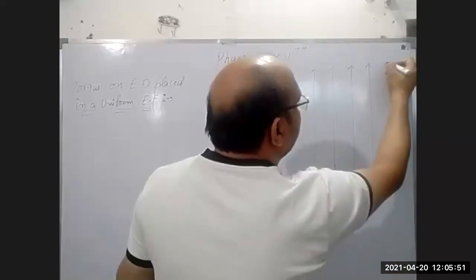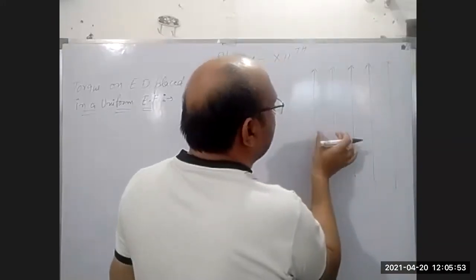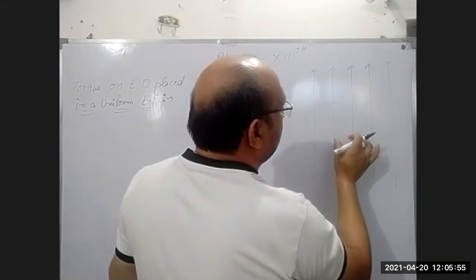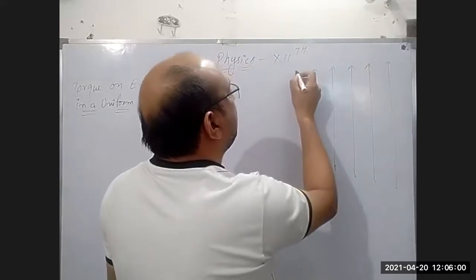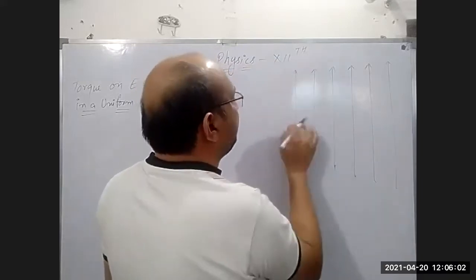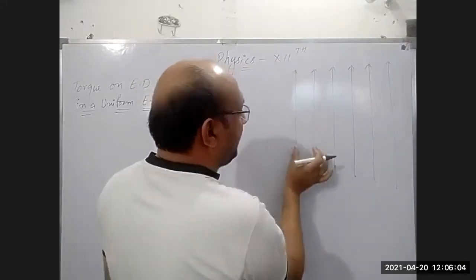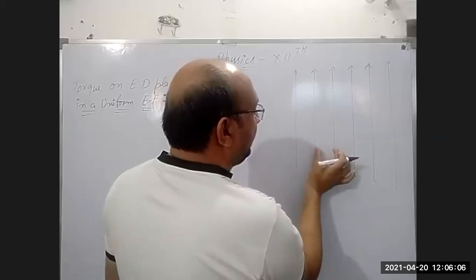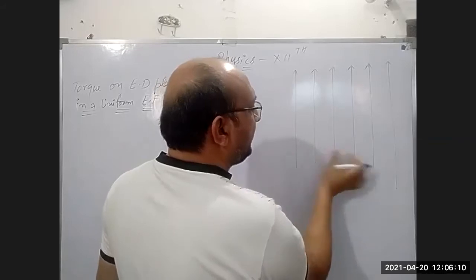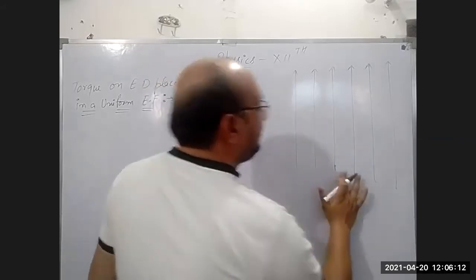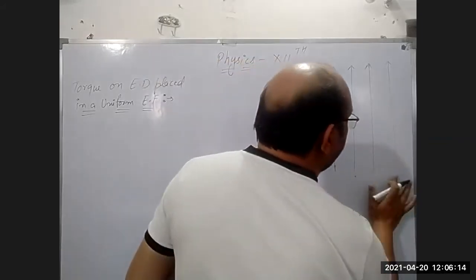What is the meaning of equidistant? The gap between consecutive lines is the same. Like the first one and the second one have this gap, and again this gap is equal to this one. You have to take a uniform electric field in this way.